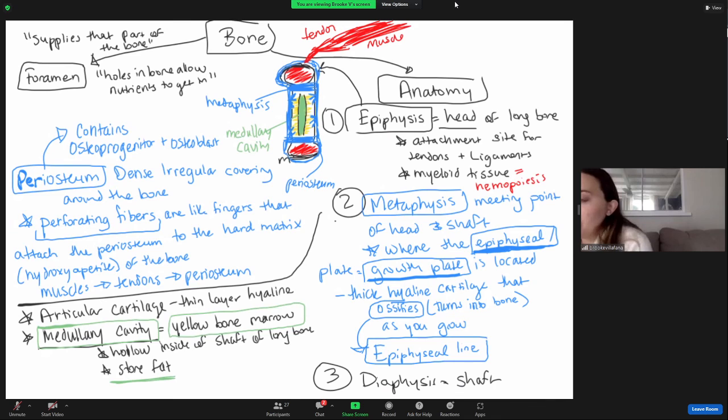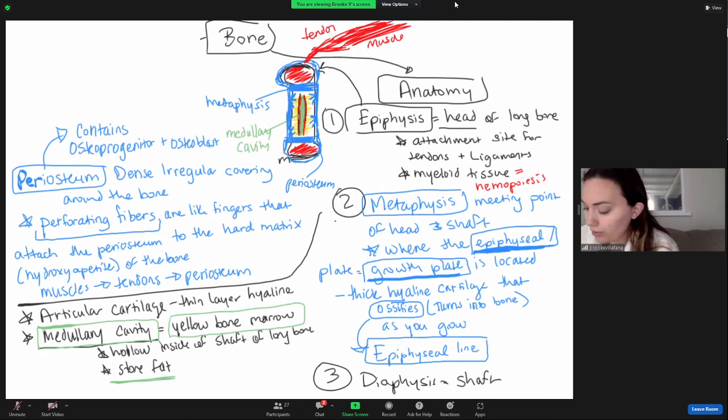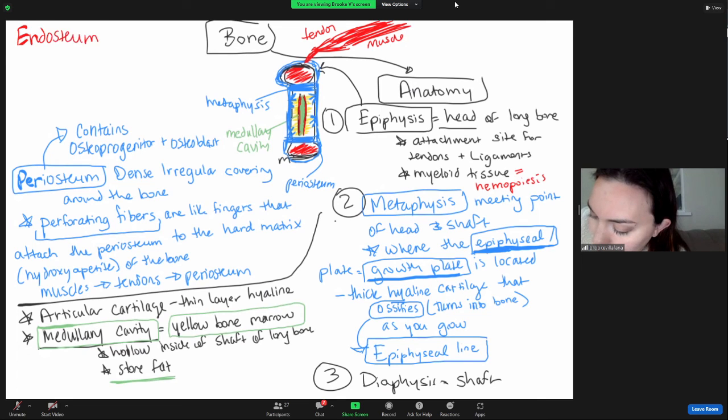We also have the endosteum. It's a little less complicated. It lines the medullary cavity. So you can see the medullary cavity there. So if I draw a little red line, this would be our endosteum. Okay, so I'm going to erase this and we'll do a little about on that. Okay, so for the endosteum, this lines the medullary cavity.